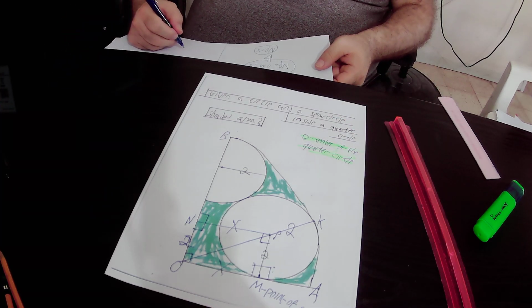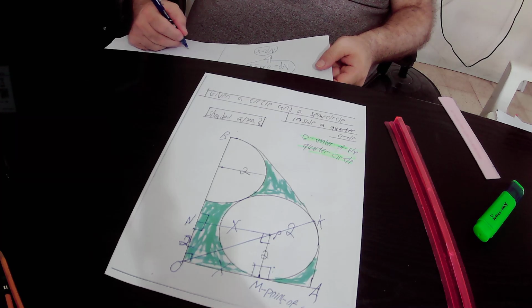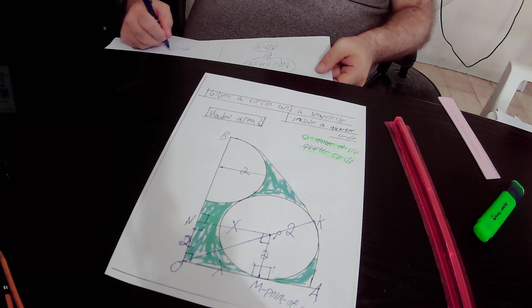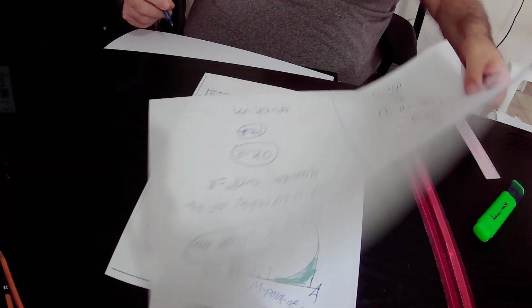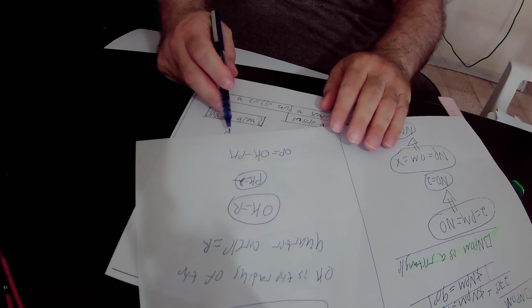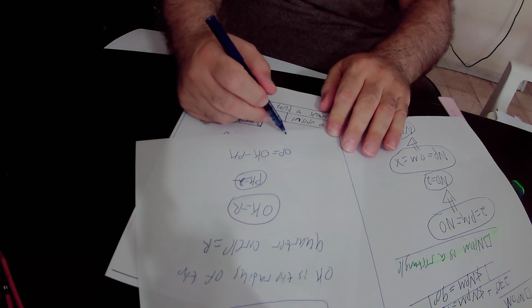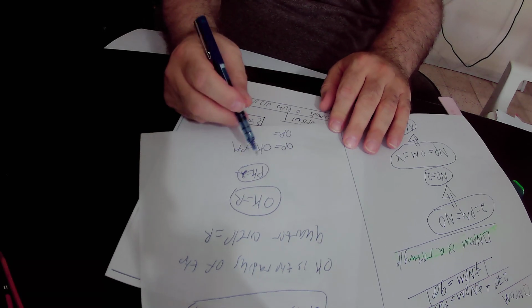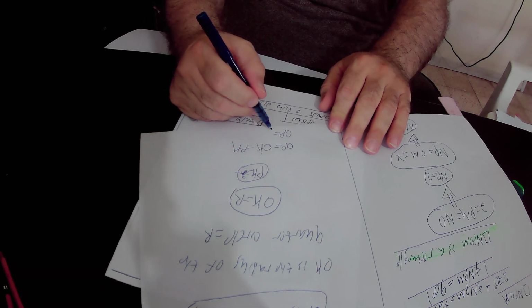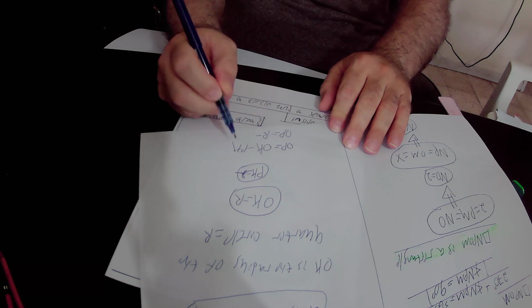I'll write it down. Line segment OP equals OK minus PK. I'll repeat again: line segment OP equals OK minus PK. So line segment OP equals OK, and OK equals capital R, the radius of the quarter circle, minus PK.